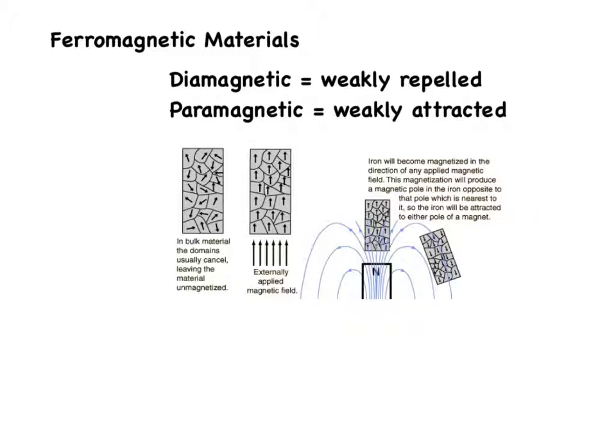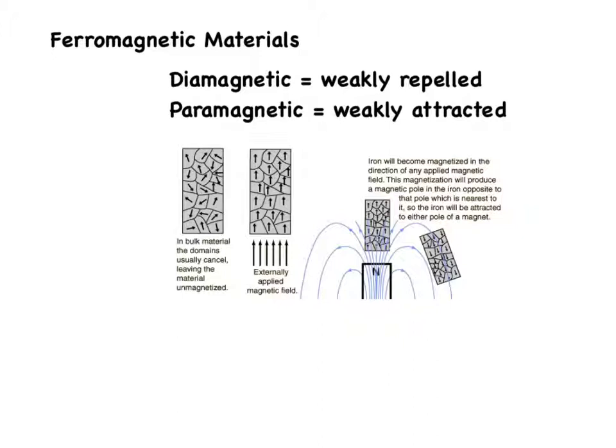Other things like water, glass, copper, graphite, salt, they are weakly repelled by magnets. We call those diamagnetic materials. Then there's also paramagnetic materials that are weakly attracted to magnets. Things like aluminum, oxygen, sodium, platinum, and uranium are all paramagnetic materials.